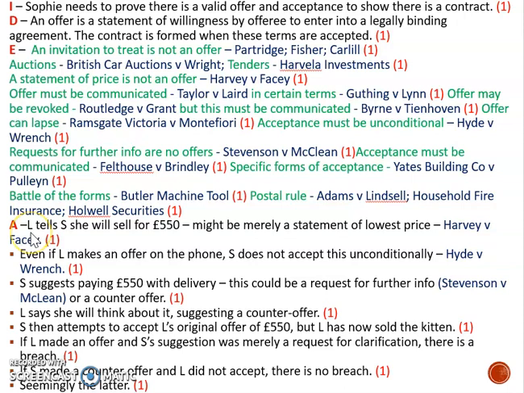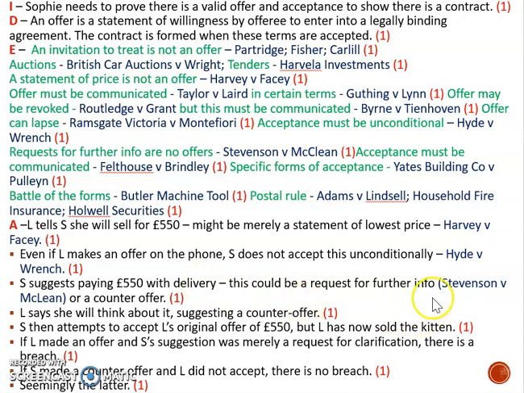So I've abbreviated here, L standing for Lucy, S standing for Sophie. So Lucy tells Sophie she'll sell for £550. Could be an offer, or it could be a statement of the lowest price she'd consider. Even if Lucy did make an offer on the phone with that £550, we saw that Sophie doesn't accept unconditionally as required by Hyde and Wrench, because Sophie suggests paying £550 with delivery.